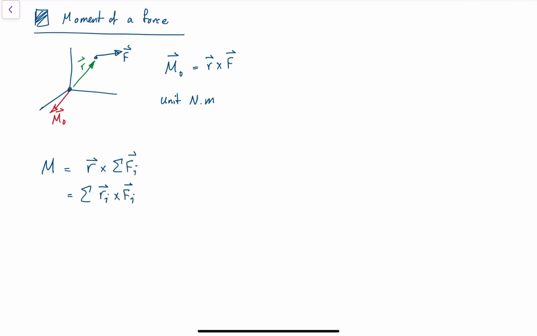This is F_i. Or it can also be written as the sum of the moments of individual forces. So you can either find the net force, then find the moment of that, or find individual moments and then add them together vectorially. But note that these are all vectors, so pay attention to their directions.